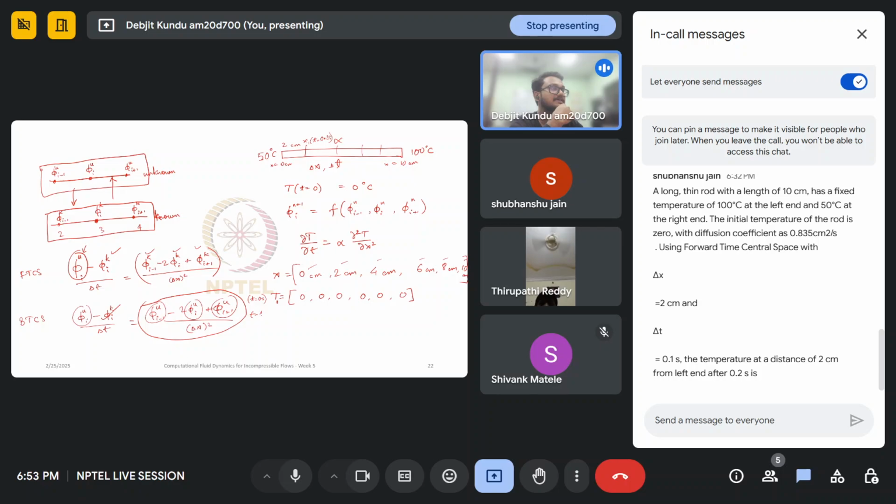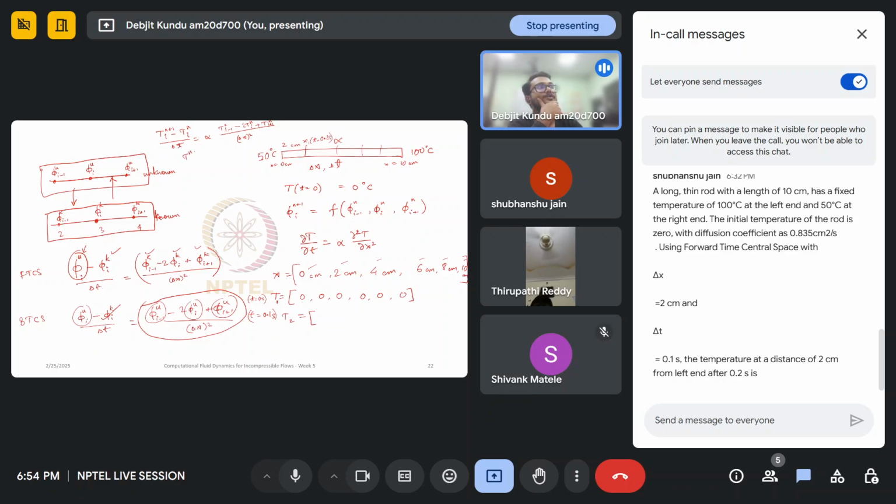Then in the next time step, when t equal to 0.1 second, I'll calculate the value of temperature there using our time marching formula, which is (T_i^(n+1) minus T_i^n) by delta t equal to alpha by delta x squared times (T_(i-1)^n minus 2 T_i^n plus T_(i+1)^n).